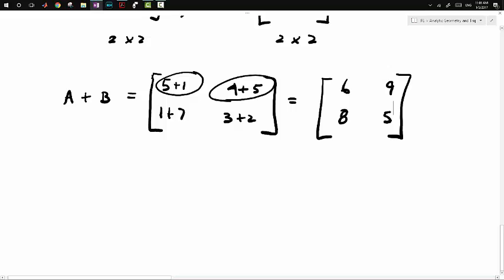So just for your reference, matrix addition is commutative, meaning A plus B is equal to B plus A. So the order in which you add the matrices doesn't matter, so commutative.